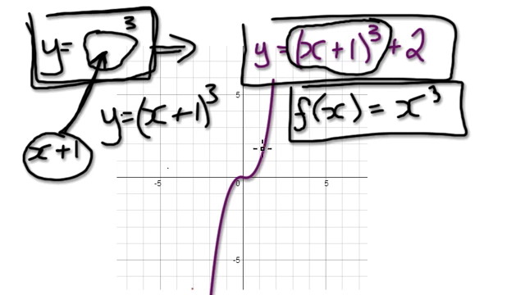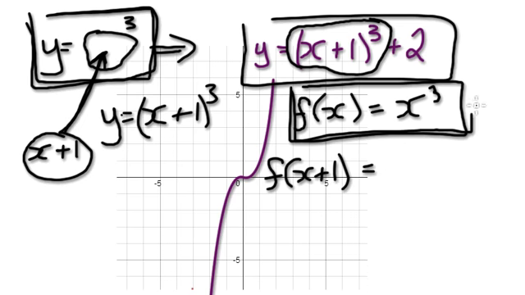So your next step is to apply the transformation of x plus 1. Given that f of x equals x to the power of 3, x plus 1 would be this. You would put this into the x itself.